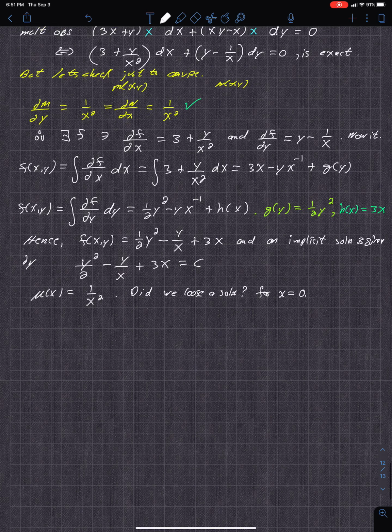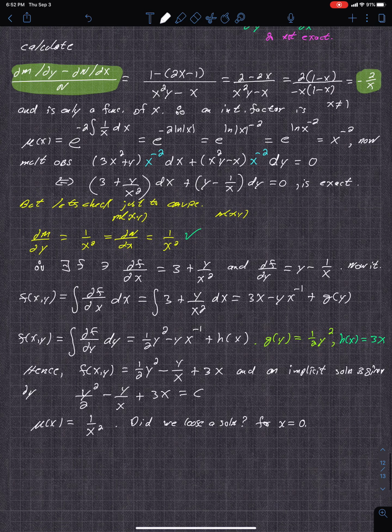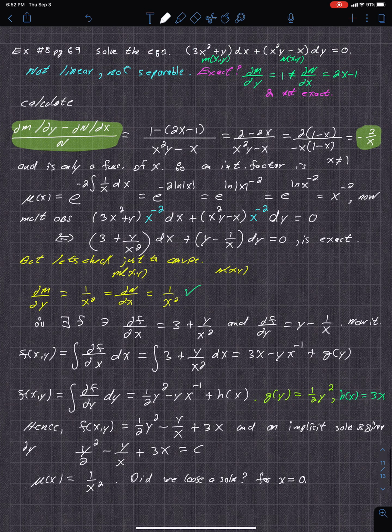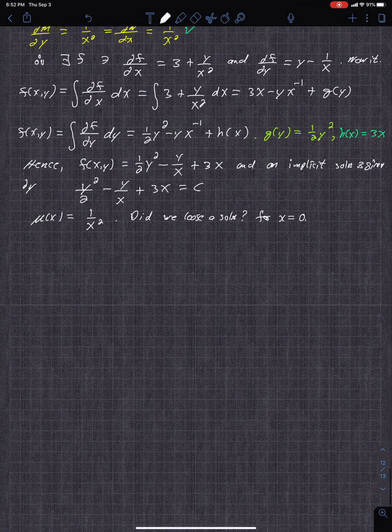In other words, the original function was defined before, where are we at back here? Okay, so this original one is defined at 0, so you want to check that, but once you introduce the 1 over x, then it's not defined. So did we lose a solution is the question.